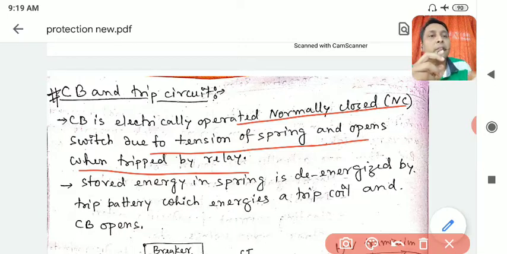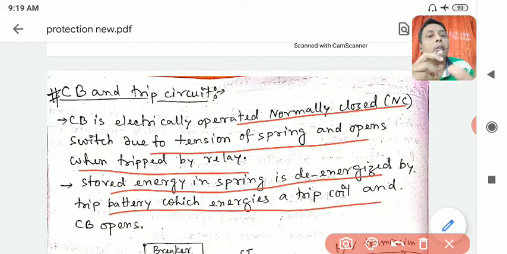Due to this tension it stays closed, and it opens when tripped by the relay. The stored energy in the spring is released by the trip circuit, which energizes the trip coil, and the circuit breaker opens.